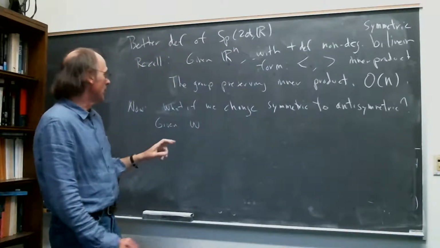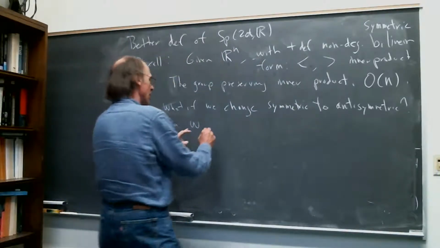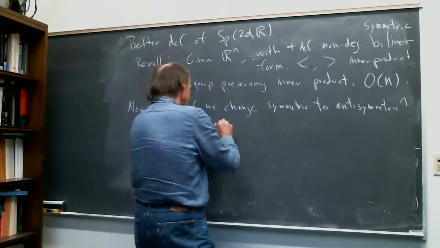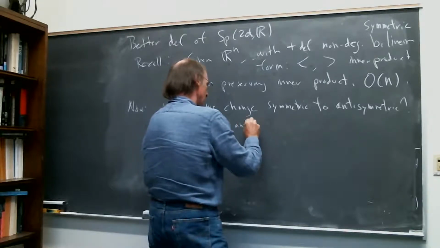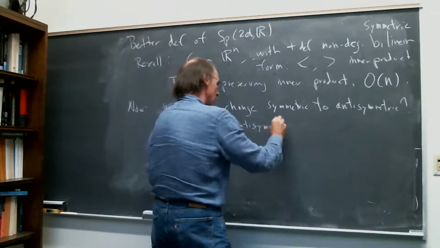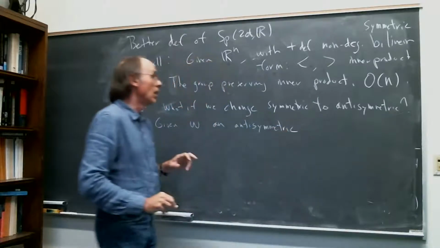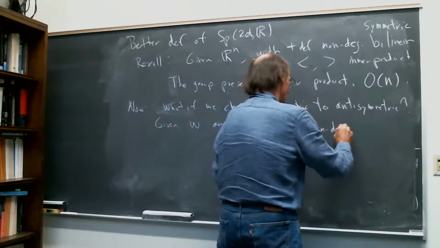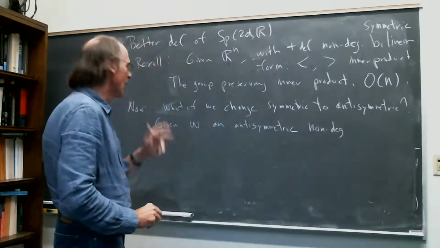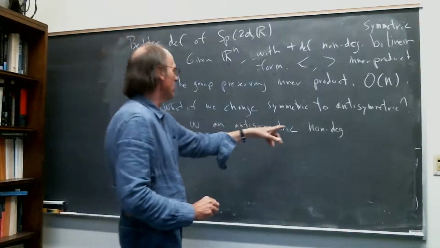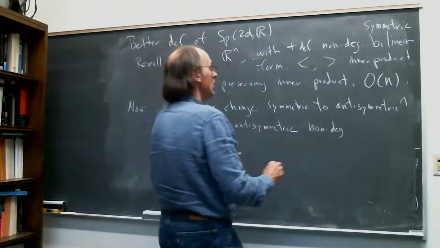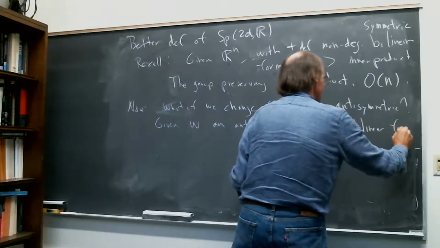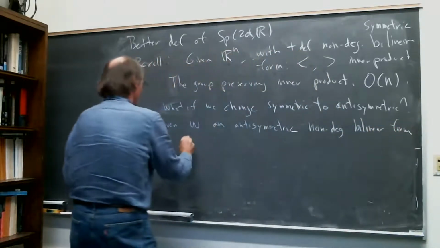So what we're going to do is, given omega, an antisymmetric non-degenerate bilinear form on R2D.